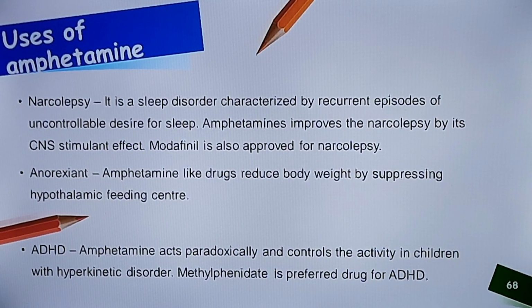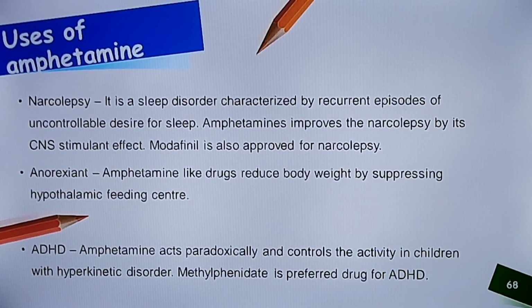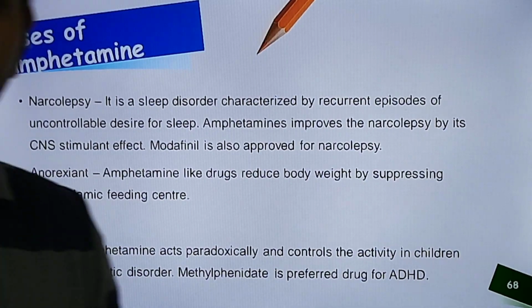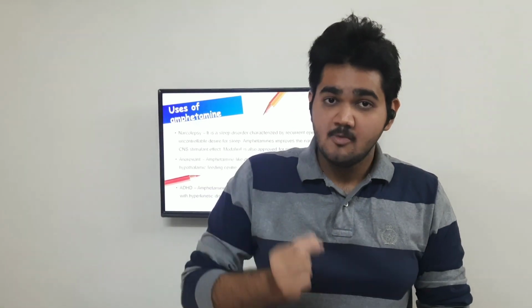Remember that. This amphetamines can also be used as anorexant. Anorexant का क्या मतलब होता है? ये ऐसे ड्रग्स होते हैं which suppress our appetite. एपेटाइट का मतलब होता है भूख.